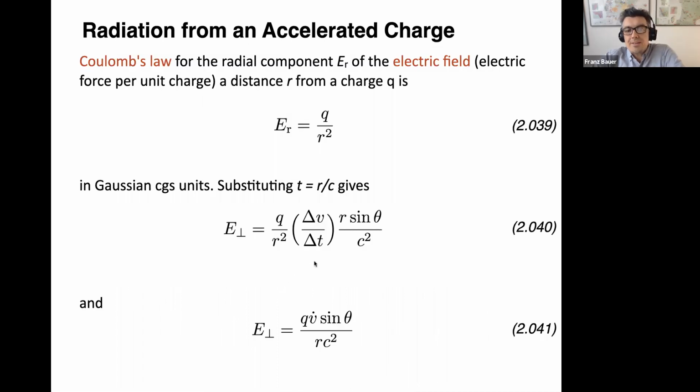So we can calculate that, and sort of plugging in some basic equalities, we can end up getting a value for this electric field, which goes as 1 over r, as opposed to the radial field, which goes as 1 over r squared.